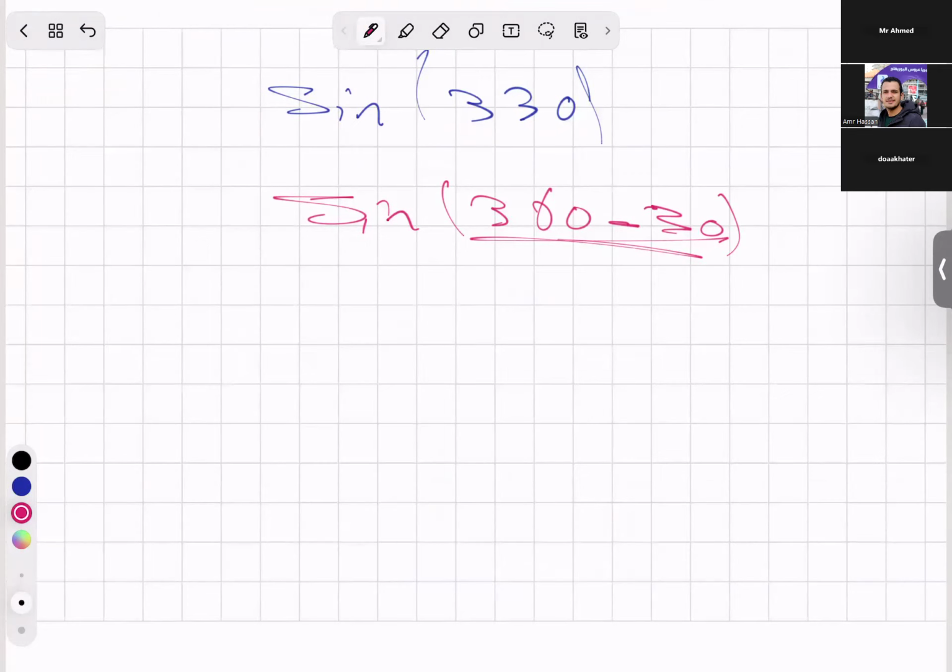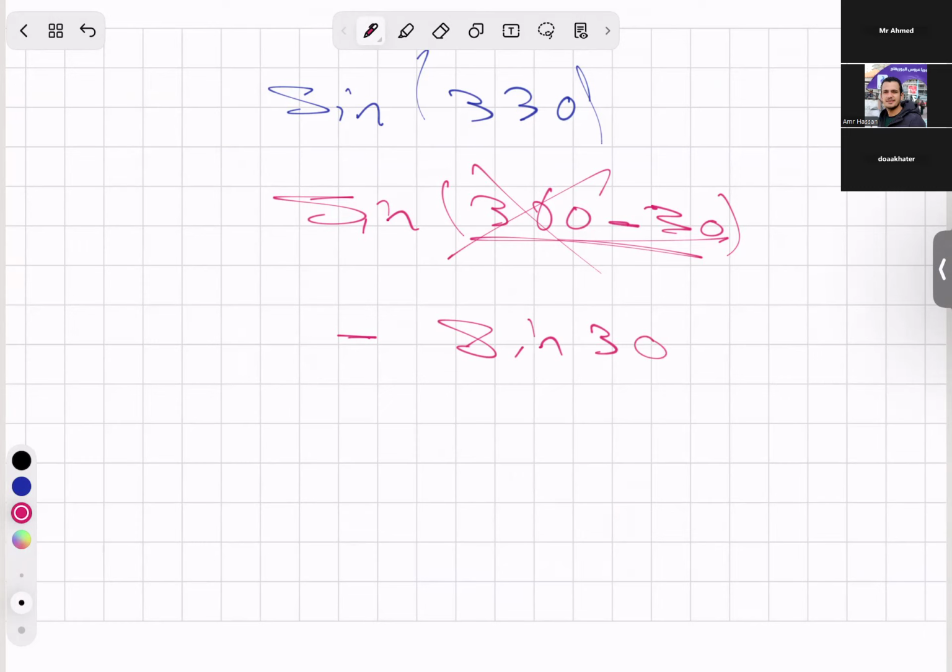The only positive trigonometric function in the fourth quadrant is cosine, right? And this one is sine. So I need to write negative, right? Negative sine 30, right?